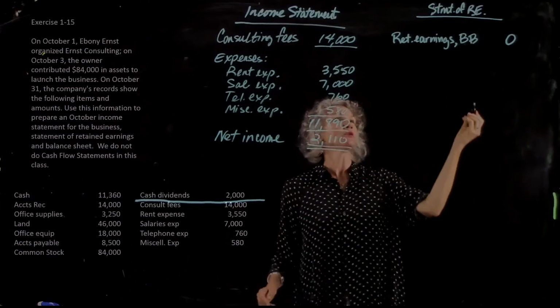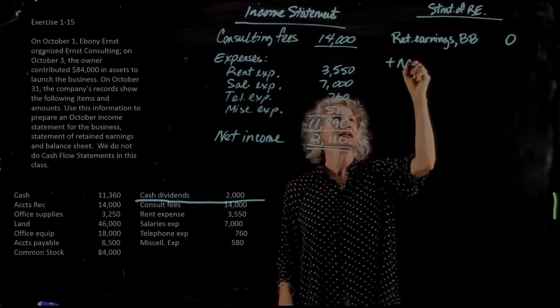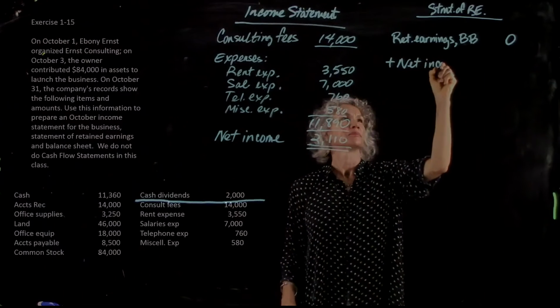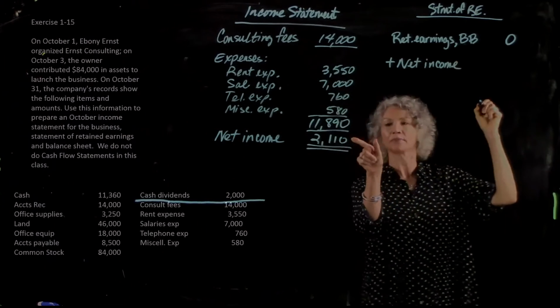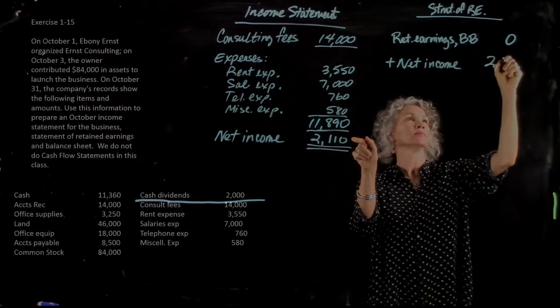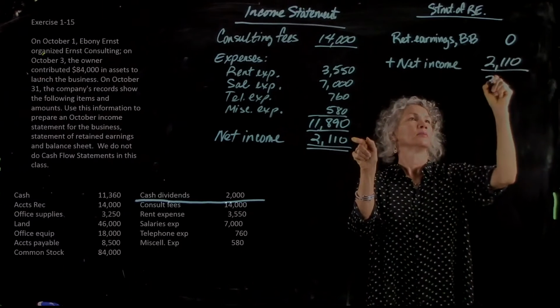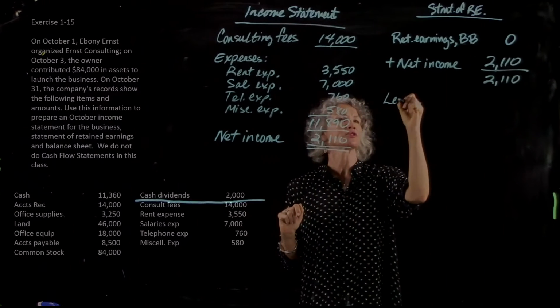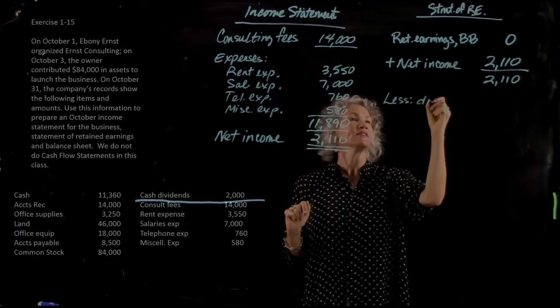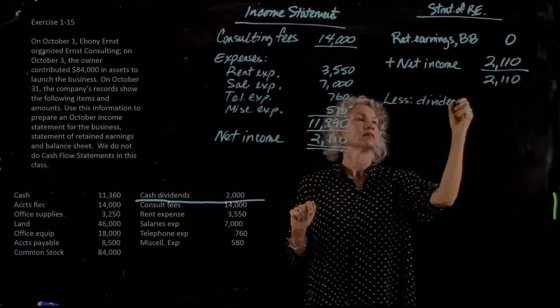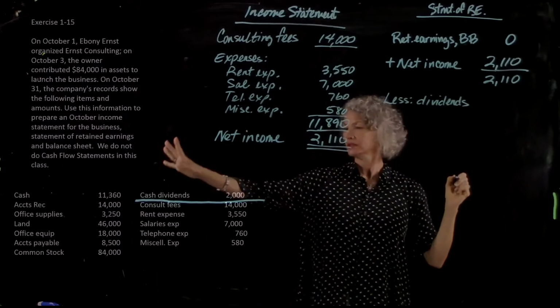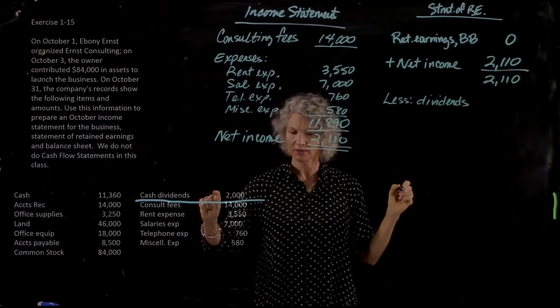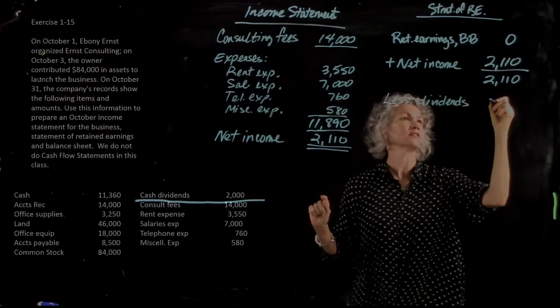Okay, so I am going to add net income, which you pick up from what you just did. And then I am going to subtract any dividends that are paid. Well, looky here. By golly, we did. We paid $2,000 in dividends.